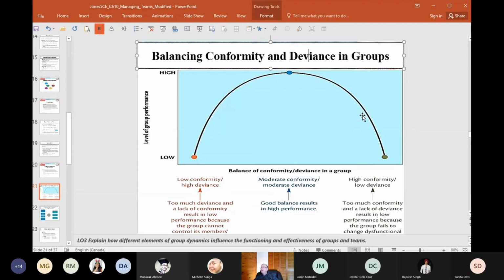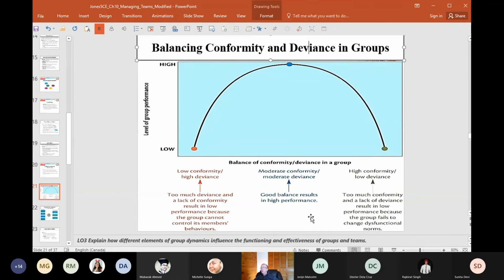On the other hand, too much of the other side, high conformity and low deviance, is also not efficient, because too much conformity and lack of deviance result in low performance because the group failed to change dysfunctional behavior or norms, right? So there is a balance between conformity and deviance.